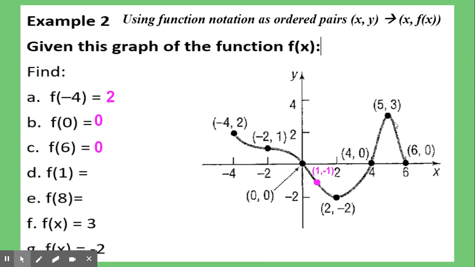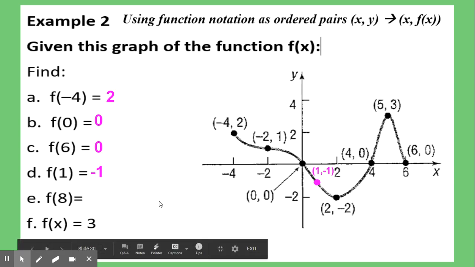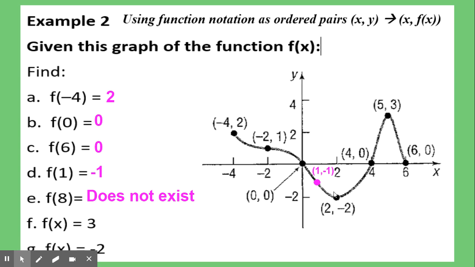You won't always see the little circles on there, but you can tell. My x value is 1. I look to see where it's at, and it's -1. Again, you're just thinking about ordered pairs. f of 8. Here's my graph, and it stops at 6. I don't have an 8 value, so you say it does not exist.